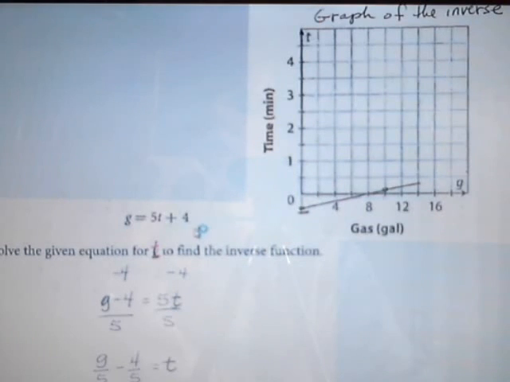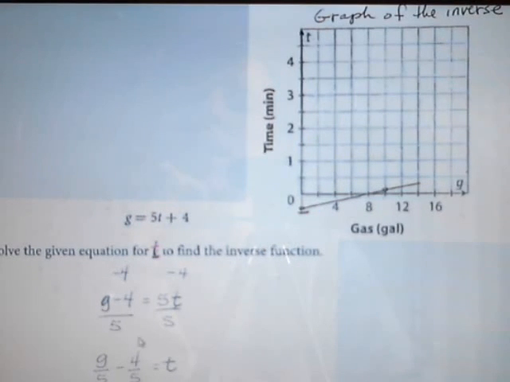So let's find the inverse of this function. So we're going to solve, and on your notes you have a typo. This book that I got it from, it's going through revisions. Anyway, so we're going to solve for t. So we're going to subtract 4, we're going to divide out 5, and then here is t, so that we kind of know how quickly this is going in.